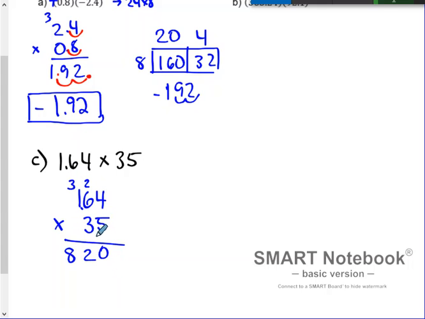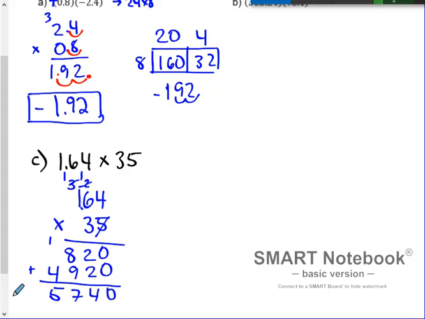Now the trick to remember is writing that 0 there, and then 3 times, I'm ignoring these, those are done with. So 3 times 4 is 12. 3 times 6, 18, 19. 3 times 1 is 3, 4. Okay, so adding these up: 0, 4, 8 plus 9, 17, and 5.